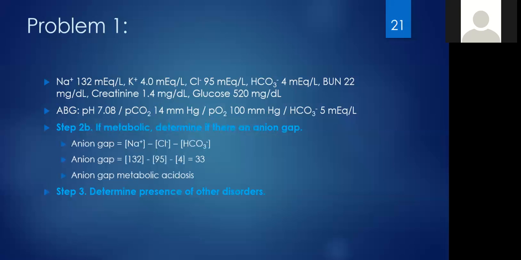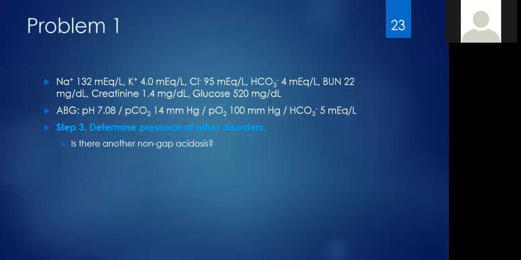You've got to make sure that there aren't any other disorders present. So you've got to see, are there any other non-gap acidosis? And you need to see, is there any respiratory disorders? Okay, so how do we determine if there's another acidosis, specifically a non-gap acidosis? That's determined by delta delta. Okay. Again, we go into this pretty in depth in the first lecture, but let's work through it now.